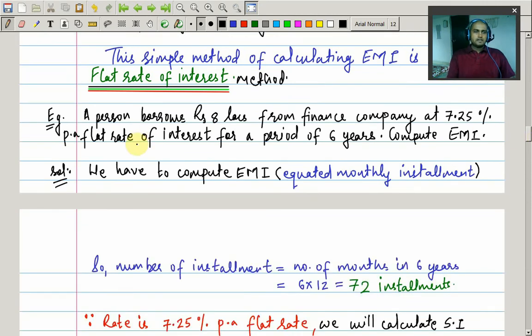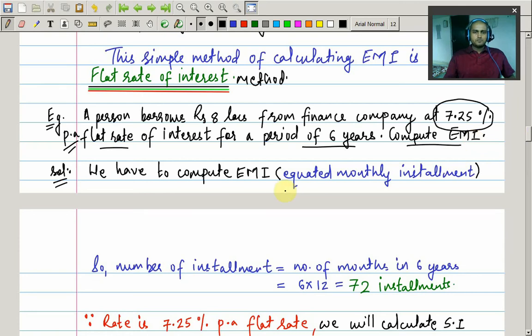So here I have a question on flat rate of interest. A person borrows 8 lakhs from a finance company at 7.25% per annum flat rate of interest for a period of 6 years. Compute EMI by flat rate of interest method.